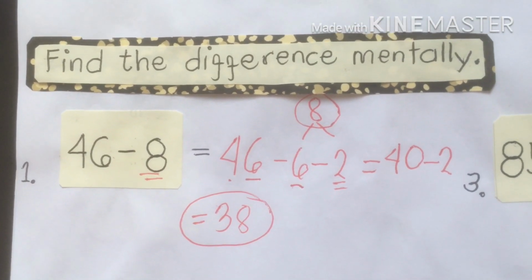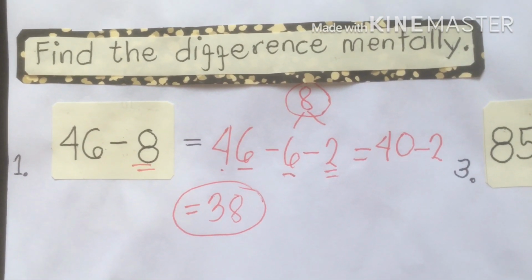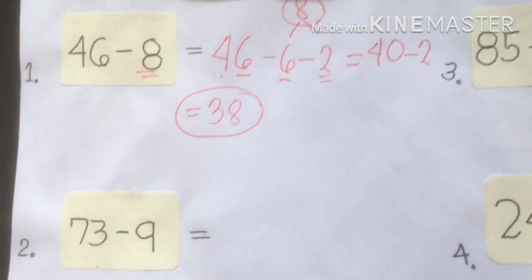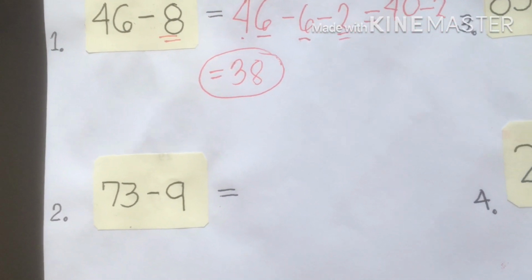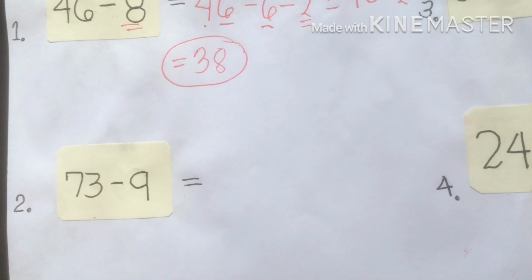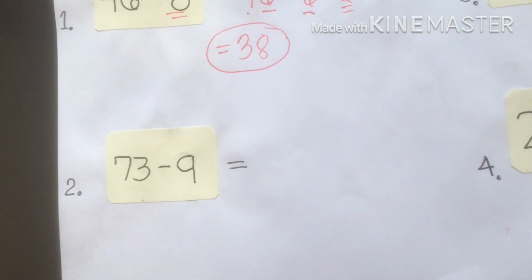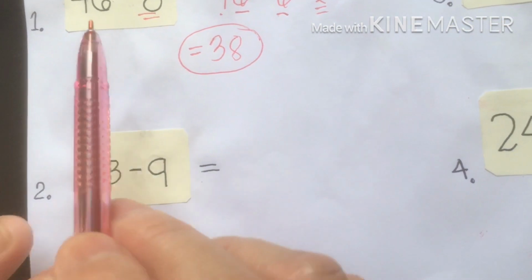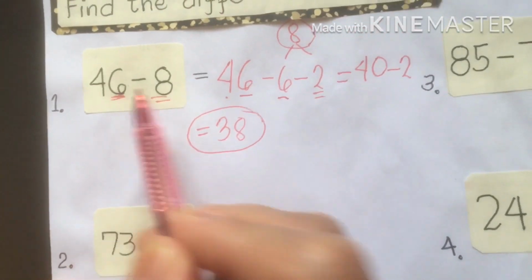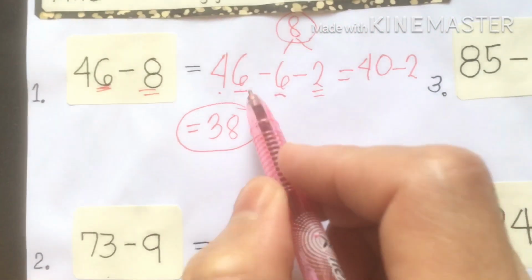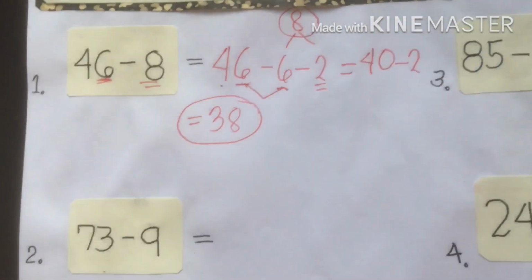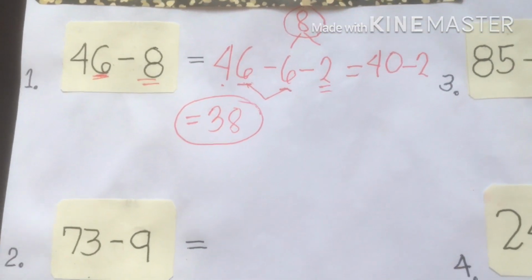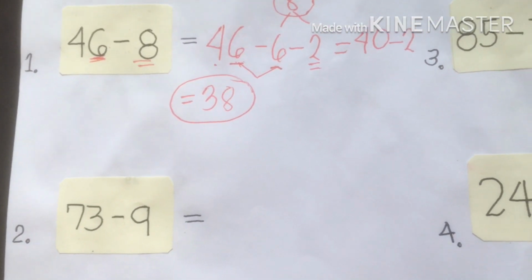My dear viewers, I will give you a very good technique on how to subtract mentally. Again, the first number should be the same as the ones digit of the minuend, which is 6.